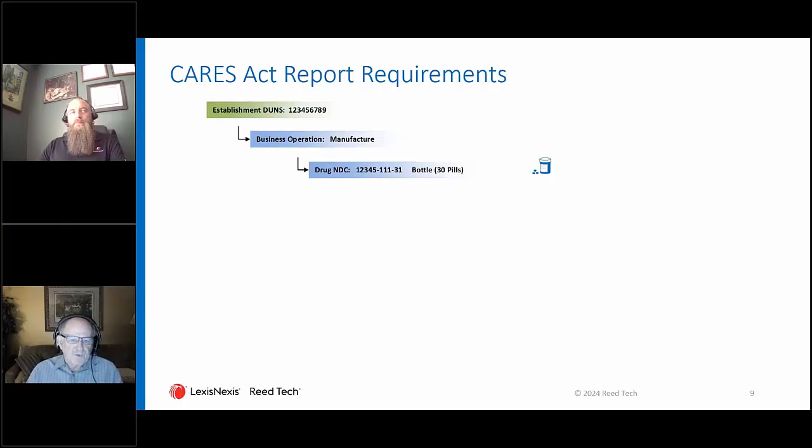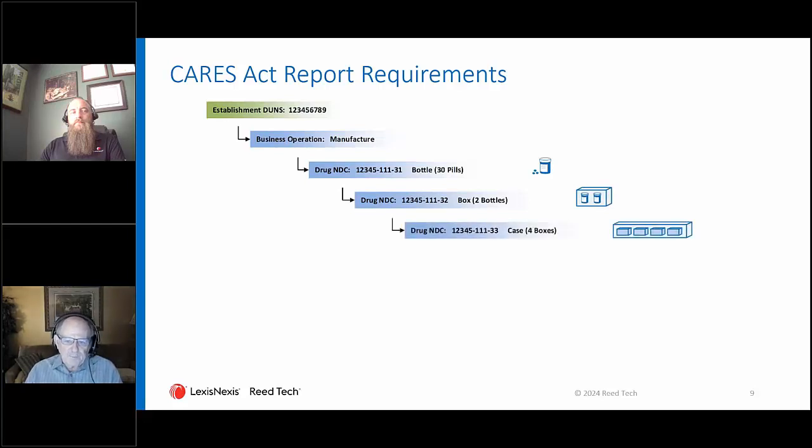So that's your -31 NDC code. You might also put two bottles in a box, and then you might put 4 boxes in a case. So there are some requirements for reporting innermost and outermost packaging levels in this hierarchy. So your bottle would be the innermost, and in this case, the case would be the outermost.